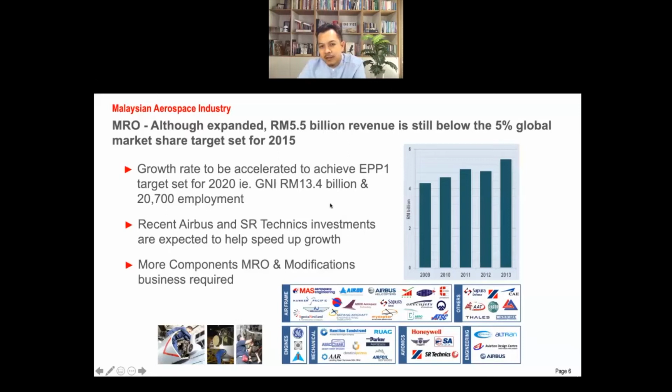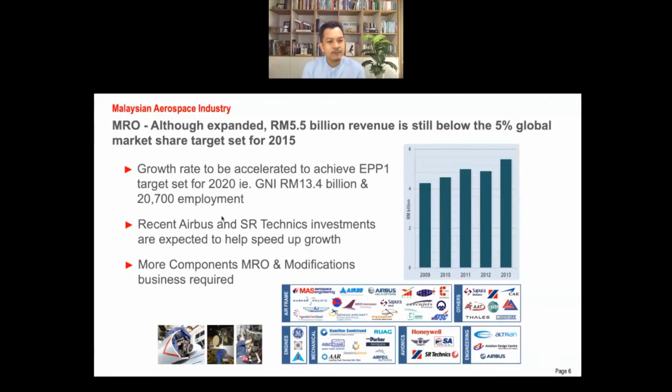Under business services, there are 8 EPP projects, and as highlighted earlier, 4 EPP projects are dedicated to aerospace. One of them is this EPP 1, with a target set for 2020, where we aim to have a gross national income, GNI, of 13.4 billion and employment of 20,700 workers. This includes blue collar as well as white collar staff.